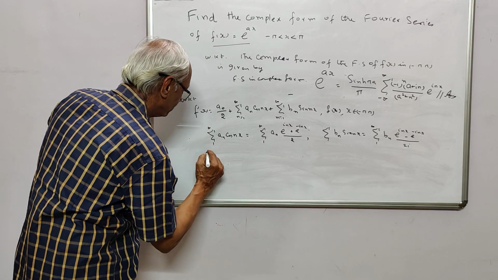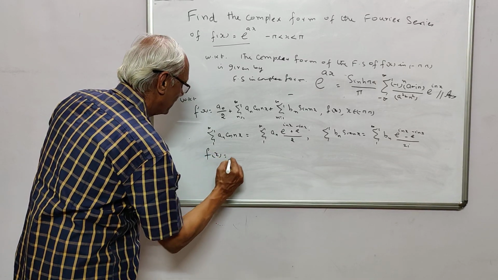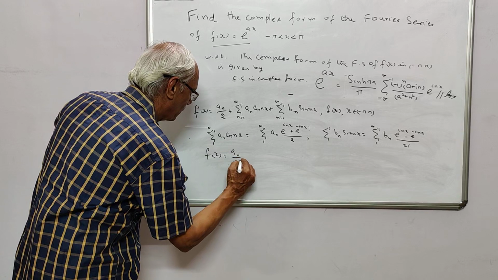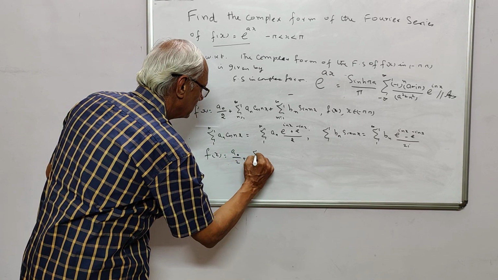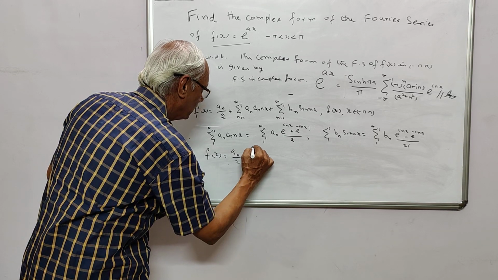So what will you get here? f of x is equal to a naught by 2 plus sigma of 1 to infinity.